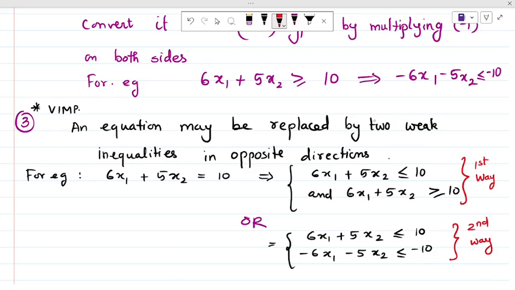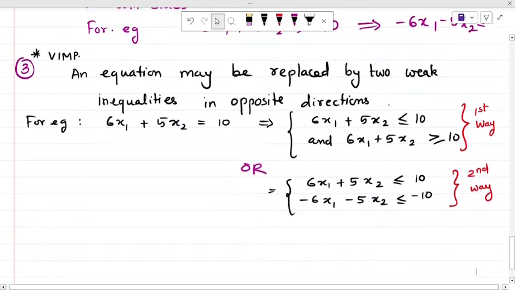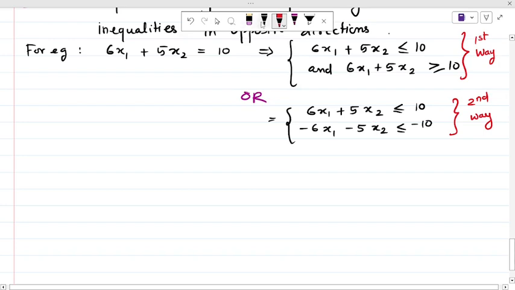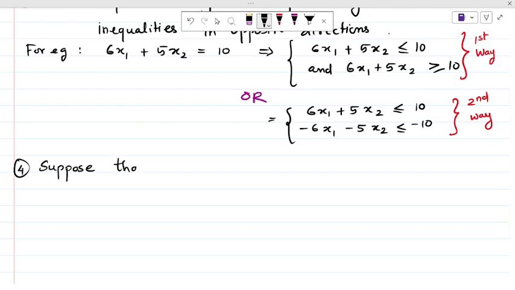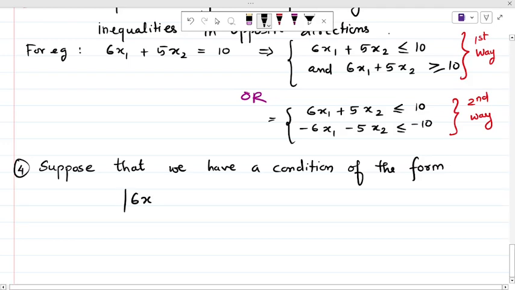Now the next part: another important condition, the fourth condition. Suppose we have a condition of the form, let's say, modulus of 6x1 plus 5x2 less equal 10.